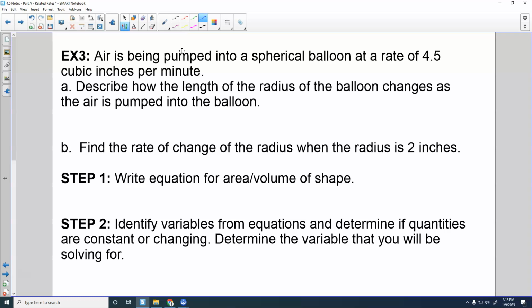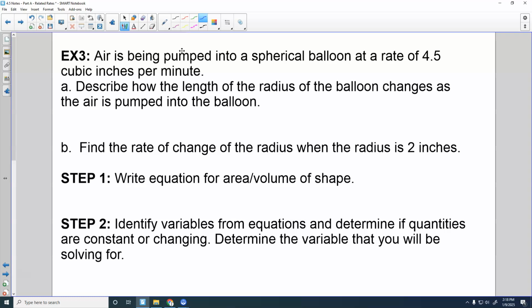So imagine, probably everybody's blown up a balloon before, right? You start off, it's just flat, you blow 1 breath, let's say a breath at a time, and it's going to blow up the balloon some. Then you get a second breath, and a third breath, and a fourth breath to blow up that balloon. How is the radius changing as the air is pumped into that balloon?